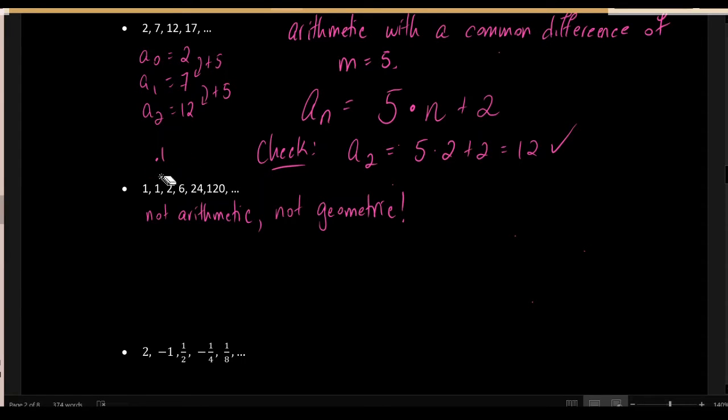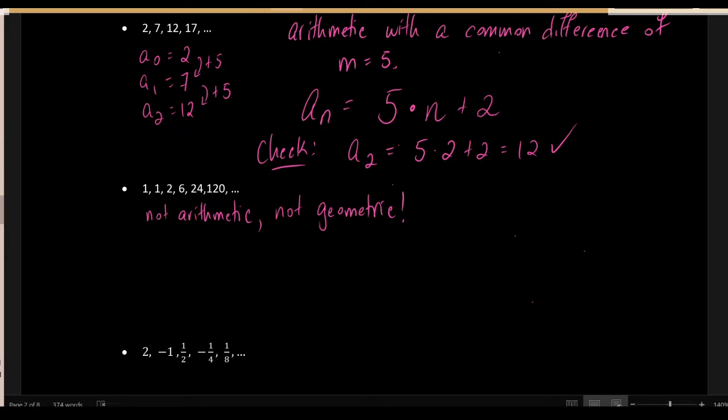So that means that finding a formula for the nth term in this sequence is going to be a little bit challenging, because we won't be able to rely on the formula for arithmetic sequences or on the formula that we had for geometric sequences.